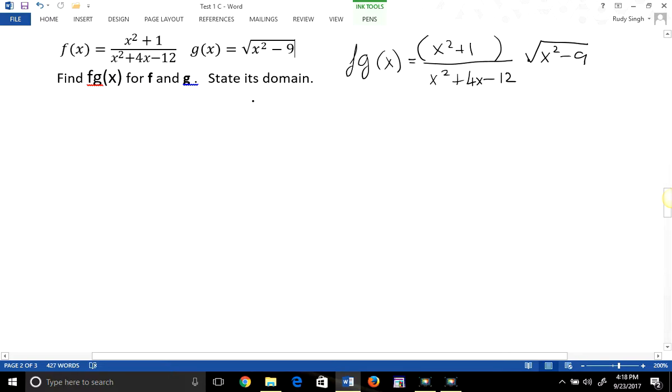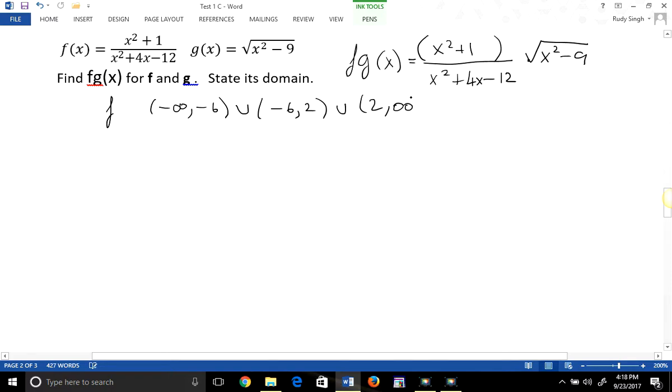Now, the more important question actually is, what is its domain? So remember, the domain of f was negative infinity to negative 6, union negative 6 to 2, and then union 2 to infinity.